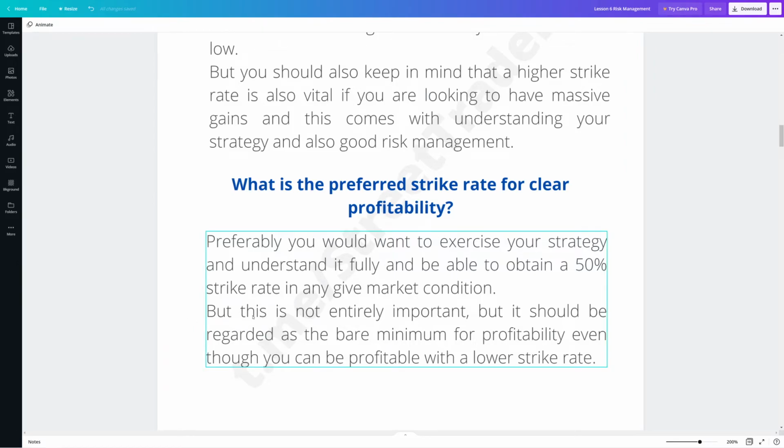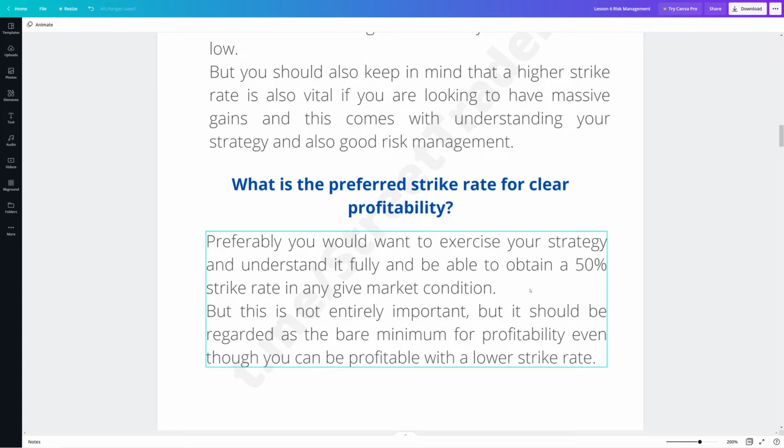But this is not entirely important, right? It should be regarded as the bare minimum for profitability, even though you can be profitable with a lower strike rate.